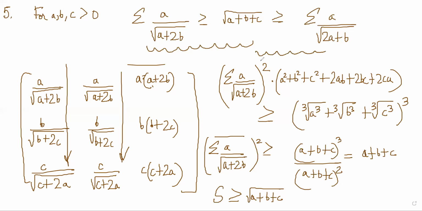The second part, let's see. We have to prove basically root of a plus b plus c is greater than or equal to the sum of a by root over 2a plus b, right? Here, what I will do is apply Cauchy-Schwarz.